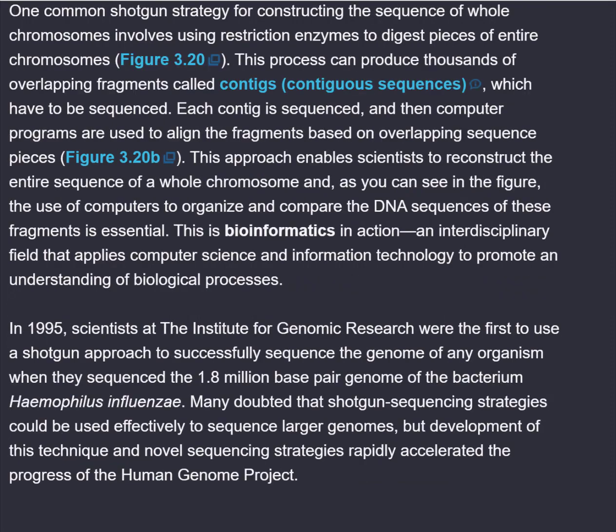One common shotgun strategy for constructing the sequence of whole chromosomes involves using restriction enzymes to digest pieces of entire chromosomes. Figure 3.20. This process can produce thousands of overlapping fragments called contigs, contiguous sequences, which have to be sequenced. Each contig is sequenced, and then computer programs are used to align the fragments based on overlapping sequence pieces, Figure 3.20b.